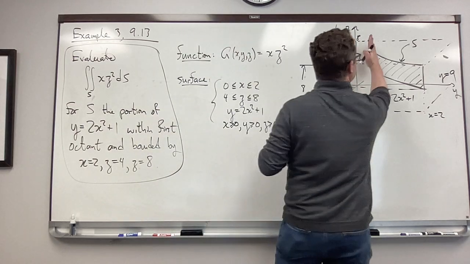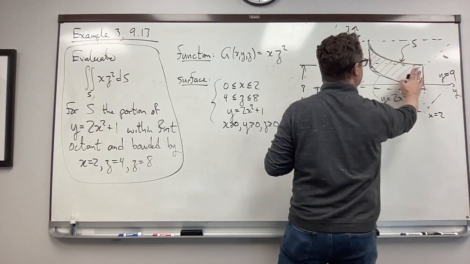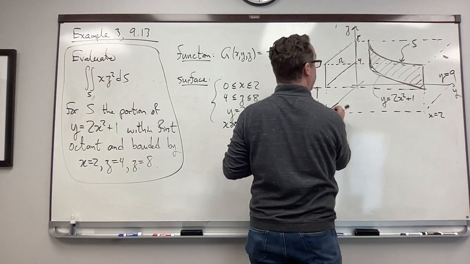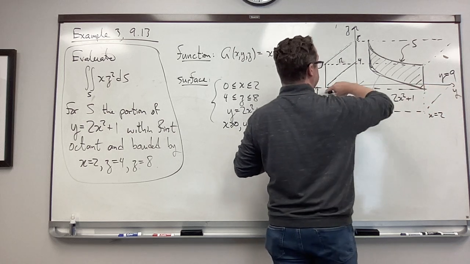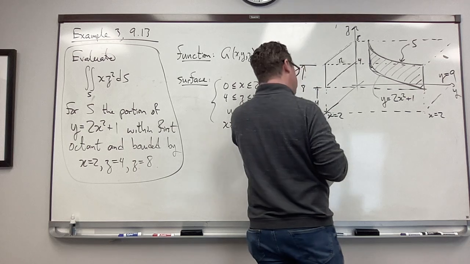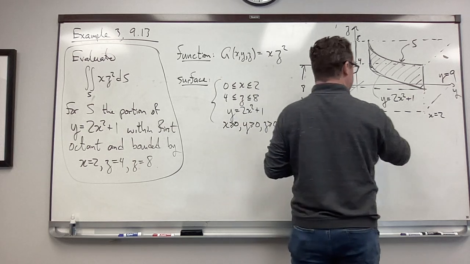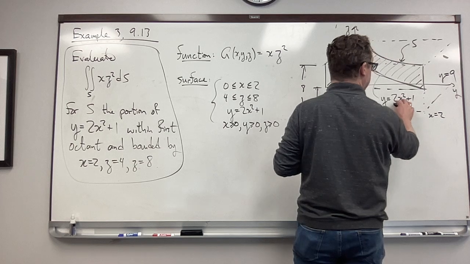It bends out. This functional form here is y equals 2x squared plus 1. Then it comes out to a maximum of x equals 2. That's where this plane cuts it off. And z is only from 4 to 8, so it doesn't go all the way down to the xy plane. When x is 2, the maximum value of y is 2 times 4 plus 1, so it's 9.